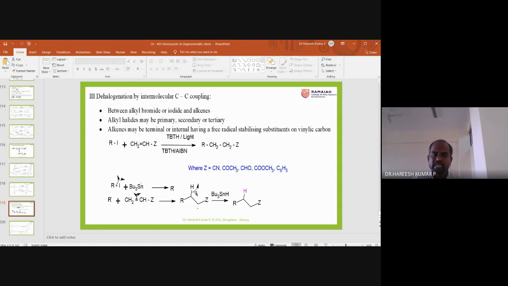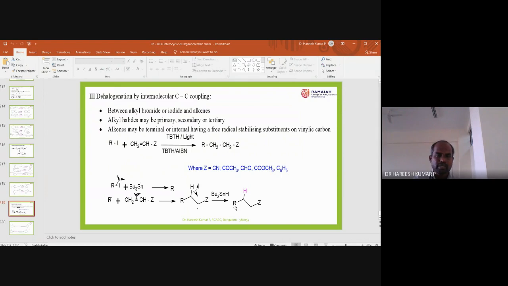This hydride radical can form a bond with this, and here there is a possibility of forming a radical. This radical again reacts with tributyl tin hydride, which acts as a hydrogen radical, and that is how the product is obtained.